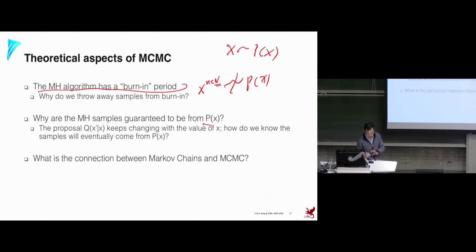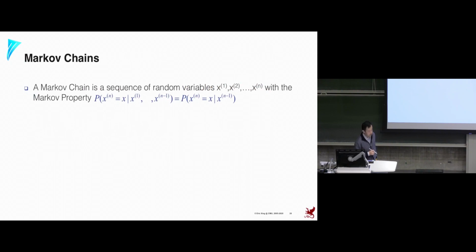And what's the connection between the Monte Carlo and the Markov chain? Well, the connection is that you need that concept to prove the convergence property. So let's look at what a Markov chain is. A Markov chain is basically a property underlying a sequence of stochastic instances.